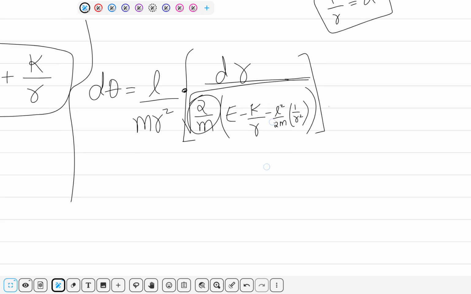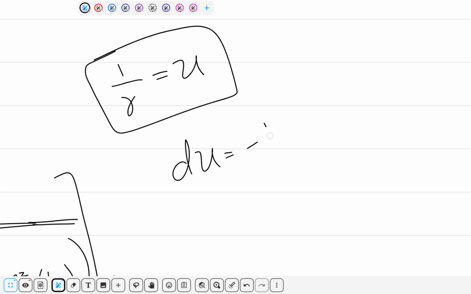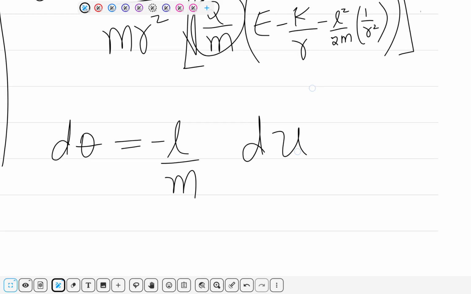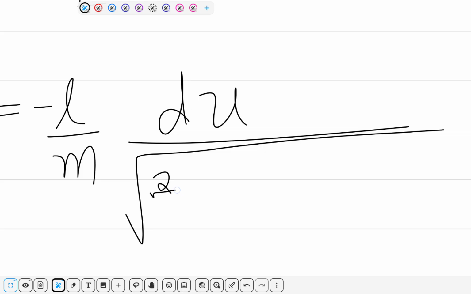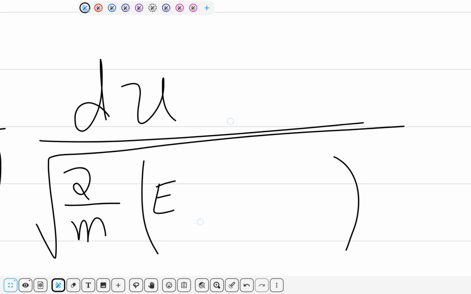So if 1 over r is u, then du can be written as minus 1 over r square dr, and so d theta is L by m du, and then here we go.